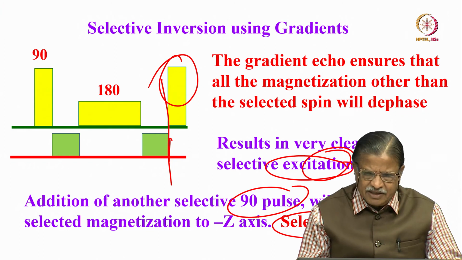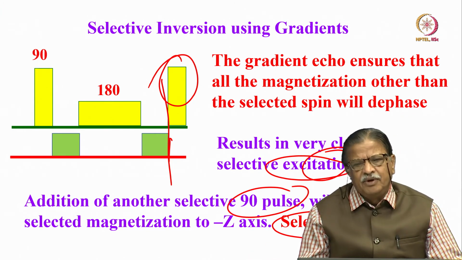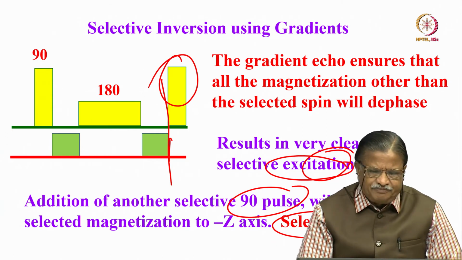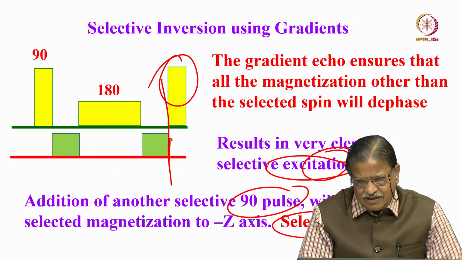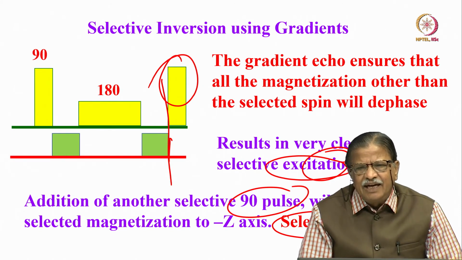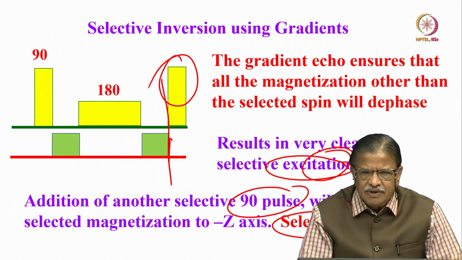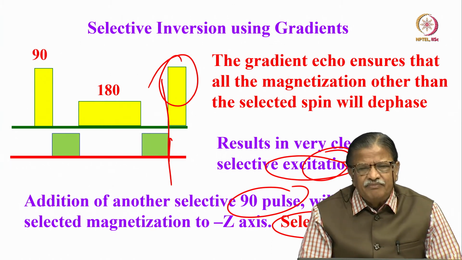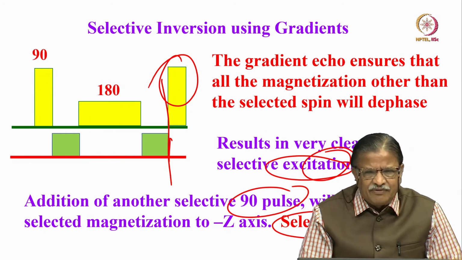We can keep on discussing, but what basically I was telling you about the pulsed field gradient is that, right from the beginning of what we discussed, it creates inhomogeneity along the z axis and adds to the main magnetic field.